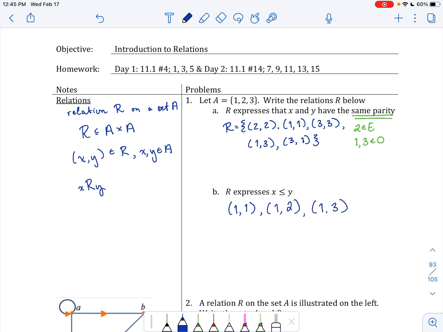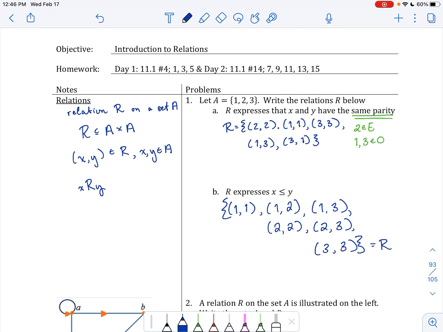And that's where I'm going to end because we're only talking about the set A, {1, 2, 3}. Next, (2, 2), because we're having "or equal to." Then we could also have (2, 3). And then the last one, (3, 3). And while this is a little bit of an odd way to write the list, it's a way to help stay organized. And this is equal to the relation R.